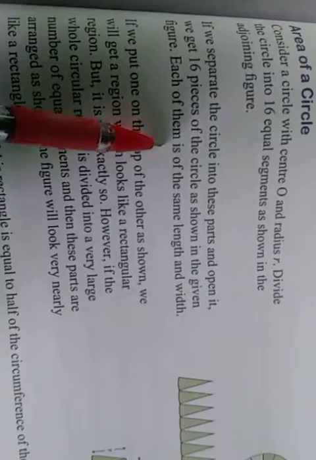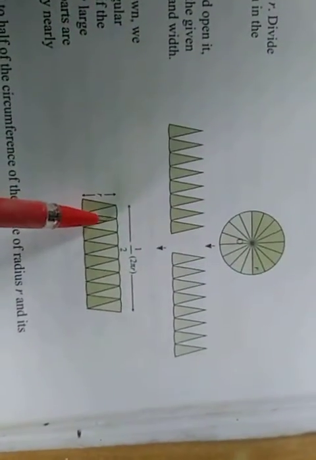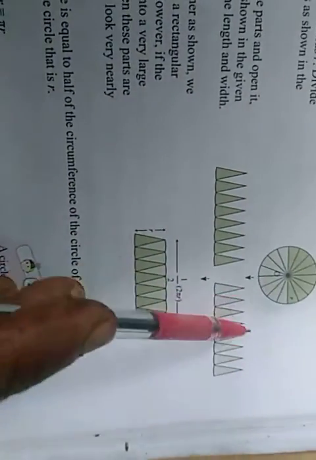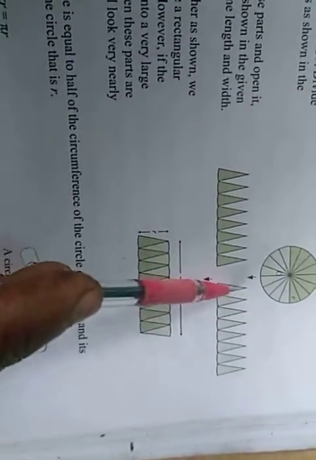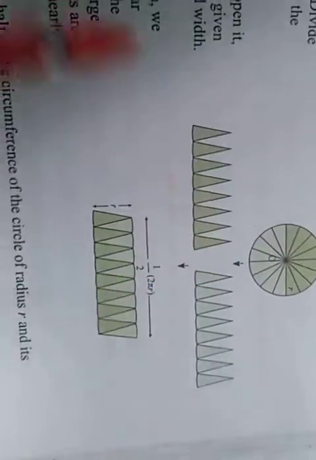Each of them is of the same length and width. First of all, a complete circle will be divided into 16 equal segments. Then you will separate the circle into these parts and open it. And you will get how many? 16 pieces of the circle as shown here.